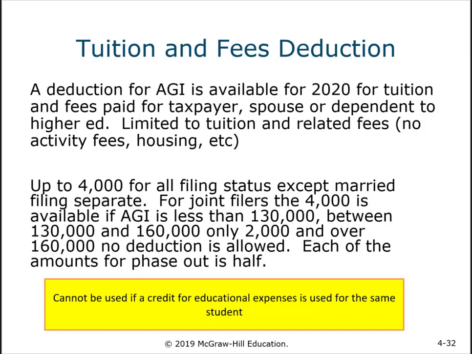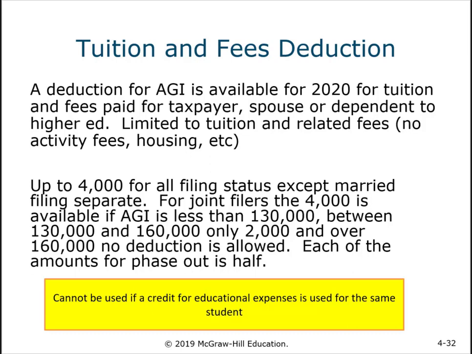The other thing you need to remember is that whenever you're considering this deduction, there are lots of tax benefits for paying for education. Some others we will learn about in Chapter 9 when we cover credits. Typically, a credit is better than this deduction.